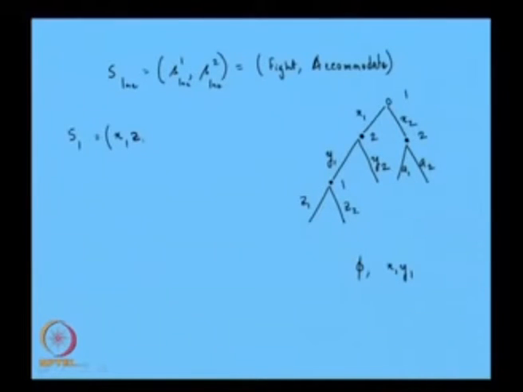So, it can be z1, that is possible. It could be x1 z2, right. He is saying that first I will take the action x1 and if x1 y1 happens, I will take the action z2.